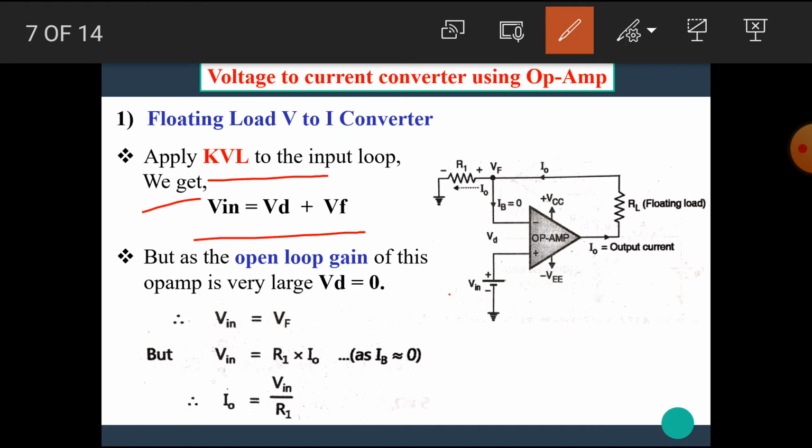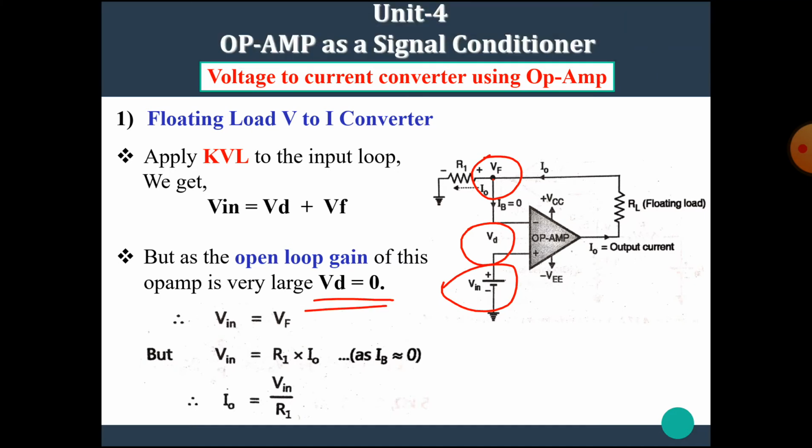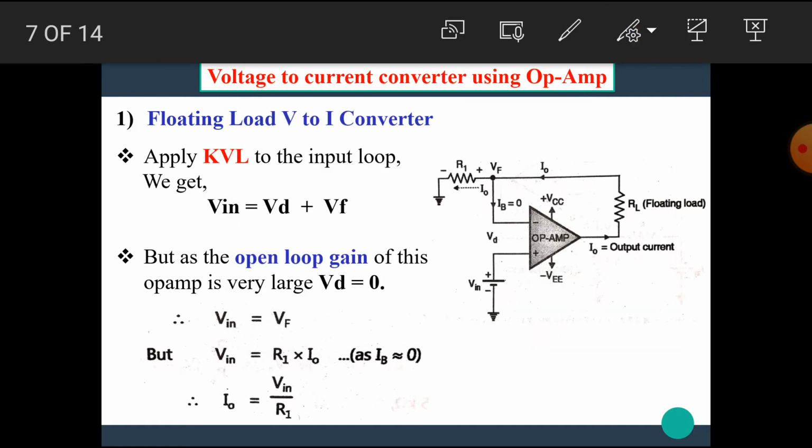That means by using Kirchhoff's voltage law, we can write Vin is equal to Vd, that means differential voltage, plus the voltage at this point. But as the open loop gain of this op amp is very large, therefore Vd is equal to 0.